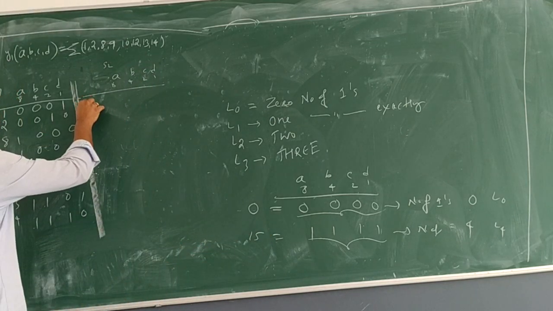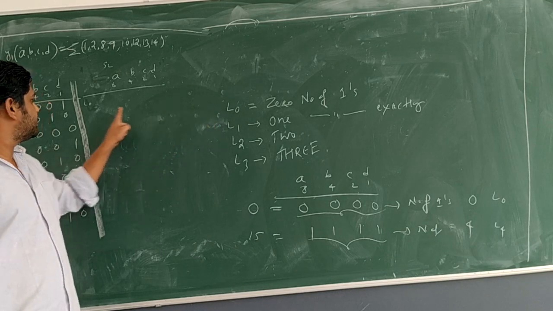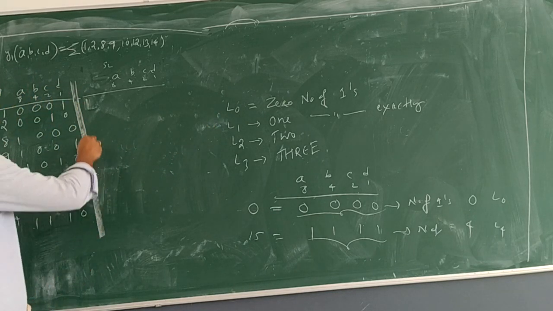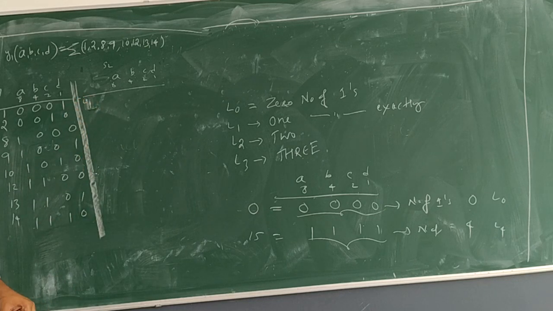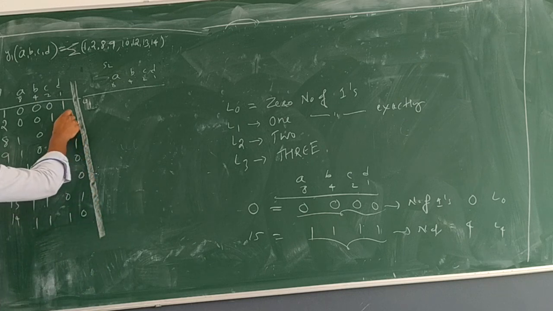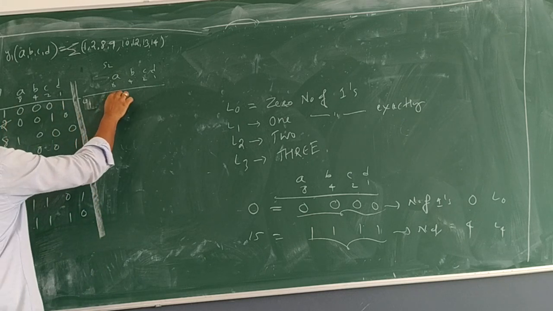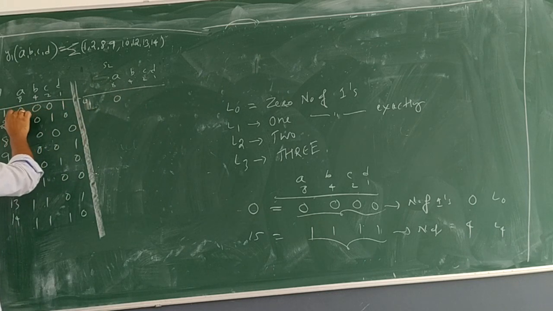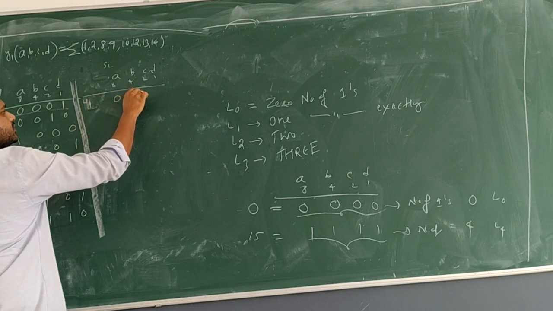L0 is not there in the given set, hence we can neglect it. So directly we can write L1. How many in L1? First is 1, because 1 also has a single number of one.